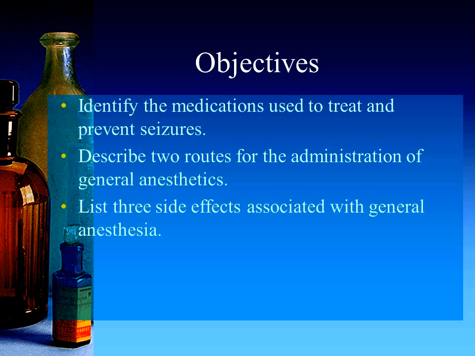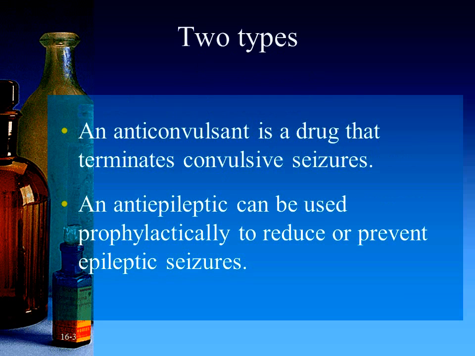So the first thing we're going to deal with are medications that are used to prevent and treat seizures. In which case we have 2 types. We have anticonvulsants and anti-epileptics. Now, all the primary drugs that we use to treat epilepsy possess anticonvulsant properties.